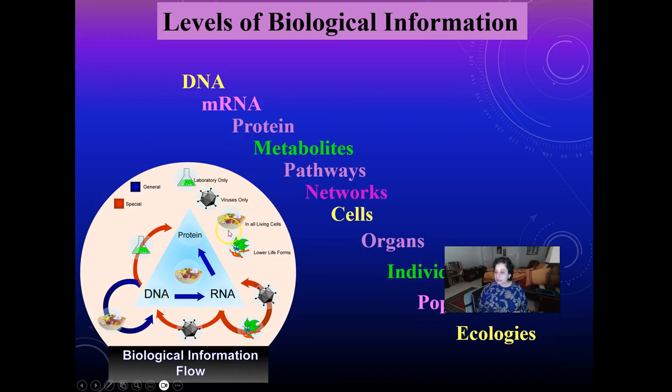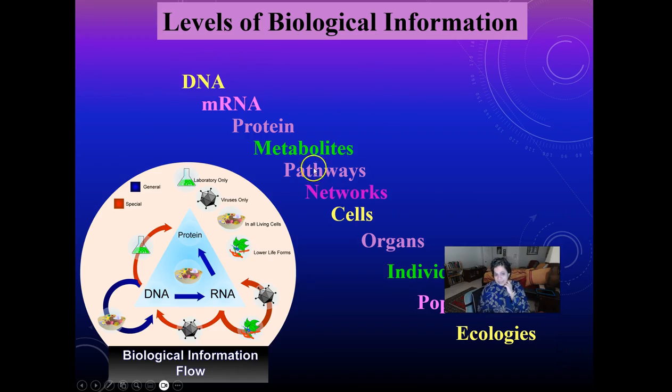Viruses do that a lot as part of their life cycle as well. But the general DNA to DNA and then DNA to RNA to protein is going to be present in all life forms, regardless of which organism you look at, whether it's a lower life form or a more complex multicellular organism. So that's right up here at the larger picture.